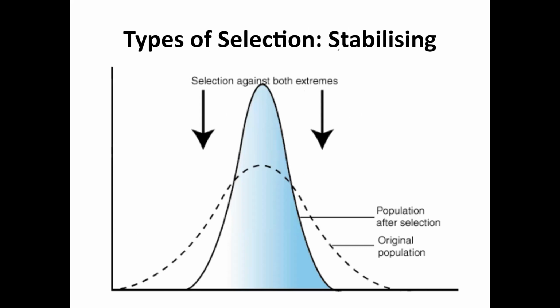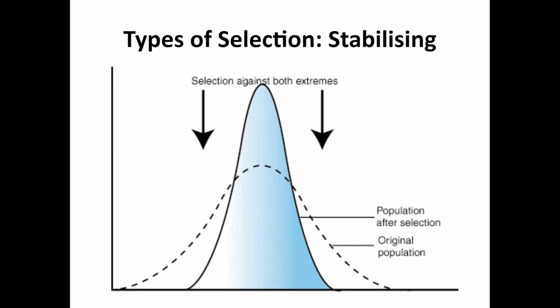So the first type is called stabilizing selection. Now we can see the dotted line here would have been our original population. But if we have something that is selecting for those organisms, okay, we're going to have a reduced number.